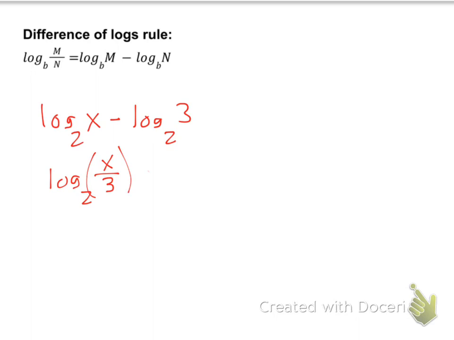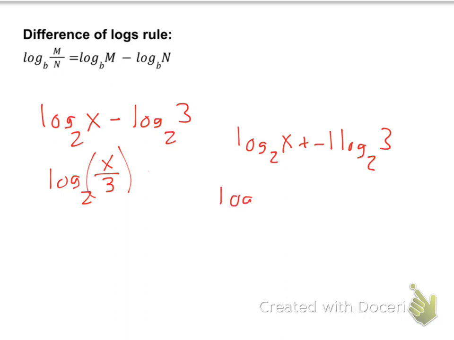So these are the 3 rules. So why do I keep on talking about this double-decker bus? There's a couple different ways. The other way is that I could think about this exact same problem as log base 2 of x plus a negative 1 log base 2 of 3. And if I see it like this, then I have to take care of that negative 1.